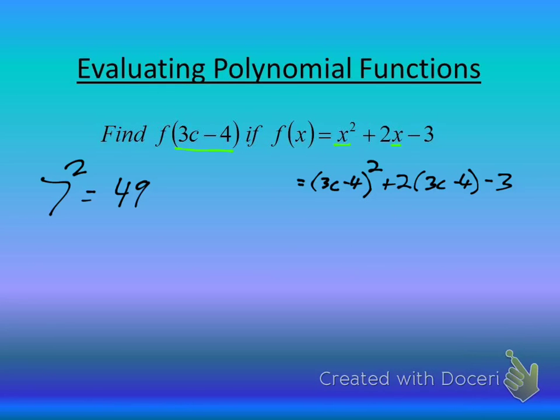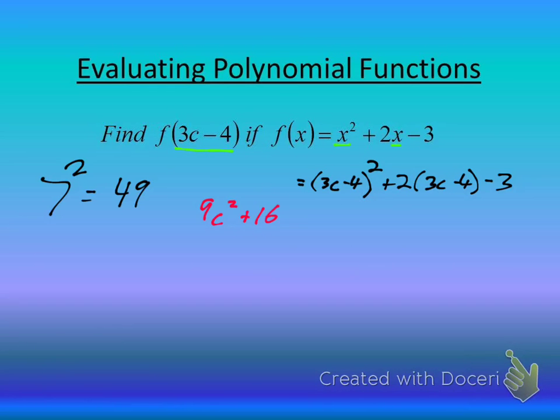Okay? Here's what everybody wants to put. Everybody wants to put 9c squared plus 16. And it's wrong. Why is it wrong? You don't have x. Can you square it after? It'd be negative 16.